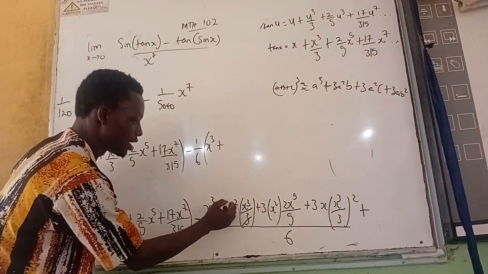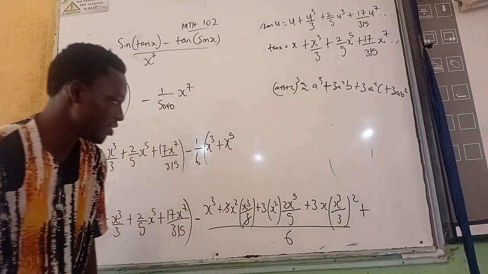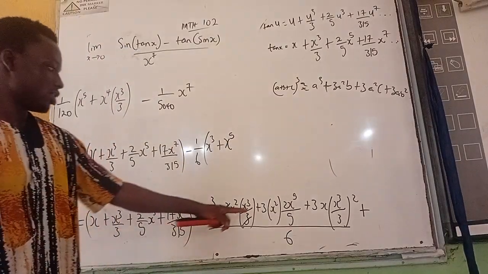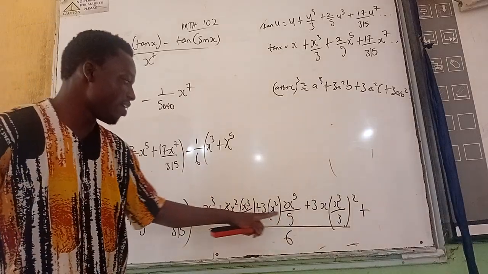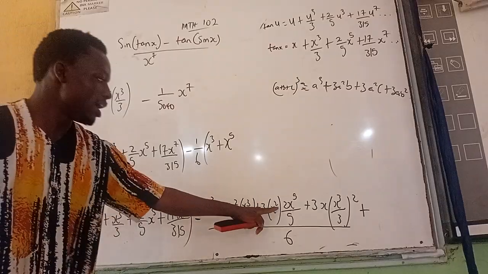Here 3 cancels 3, s squared times s cubed, that's x^5, right? Here we have 3 over 5, 3 over 5, s squared.